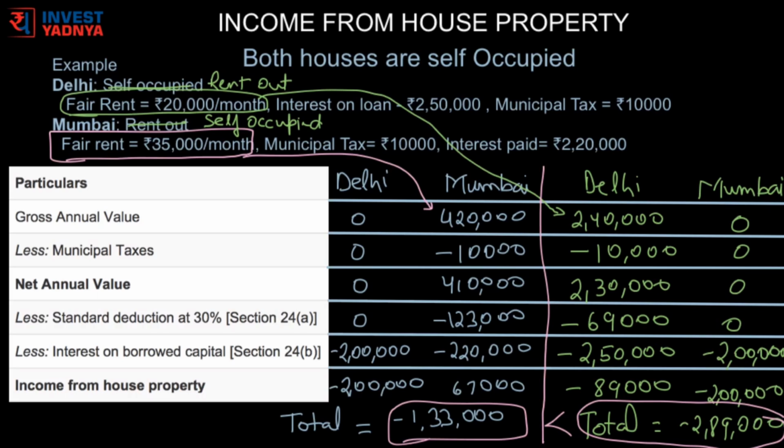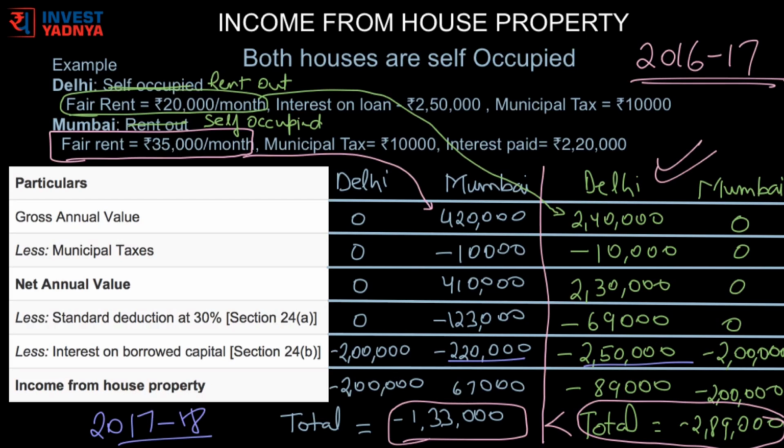And therefore, this scenario where you consider Delhi as rented out and Mumbai as self-occupied property should be taken and shown to income tax department to save higher tax. Please remember, these scenarios are valid for only 2016-17 financial year, and from 2017-18 these values will change to rupees 2 lakhs, and therefore the scenario in your case could change as well.